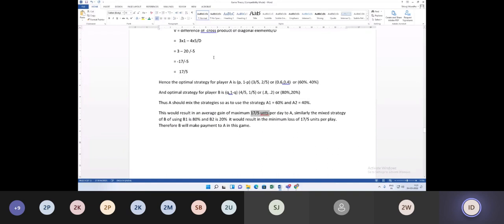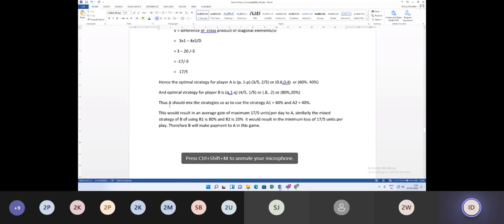The value of the gain is 75 units per day to A, but it depends upon the mixed strategy. In case of A, 60% A1 and 40% A2 is used. In case of B, 80% B1 and 20% B2 is used. By mixing all these strategies, it would result in minimizing the loss of 75 units per play.